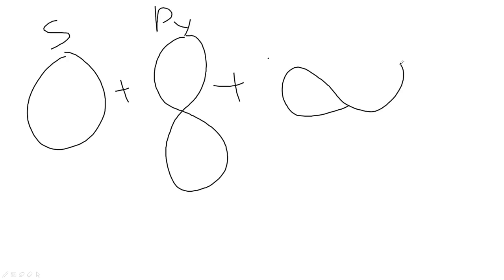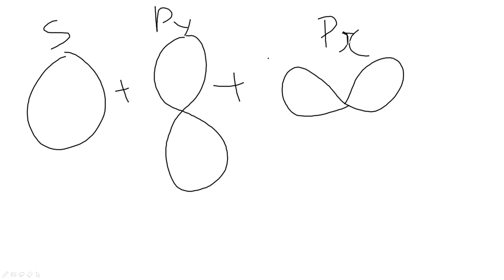Now that's it. Like I did for the sp orbital, I'm going to do the same for the p orbital. Now I'm going to draw the shape of the sp2 hybridization. First the s orbital, then this is my py orbital, plus this is my pz orbital, plus this is my px orbital.